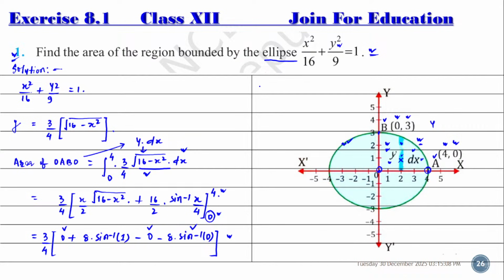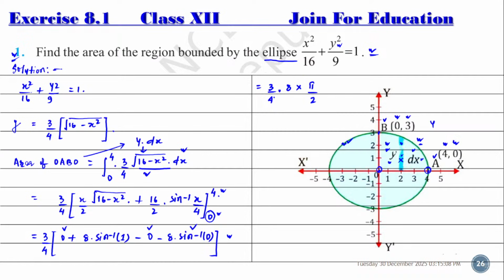So we write down here equal to 3 by 4 into 8 into the value of sine inverse 1, which is pi by 2. So we write down here pi by 2.